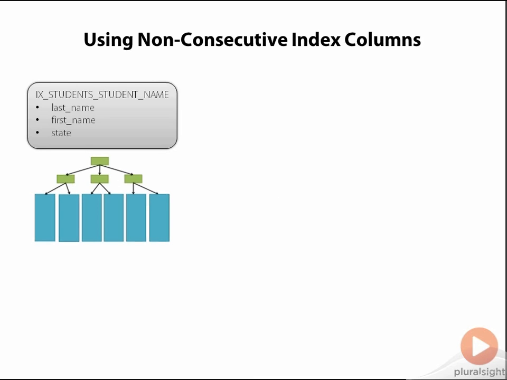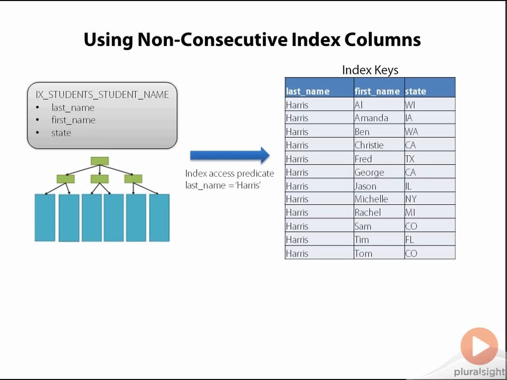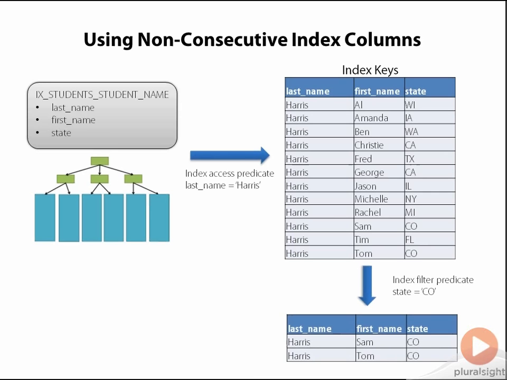So what Oracle will do is use the provided last name value of Harris to read all of the keys that start with Harris out of the index. And then Oracle will apply the state value of Colorado as a filter predicate to the index keys to get just the index keys and corresponding row IDs that match this condition. The application of this filter predicate occurs after the data has been read from the index though.